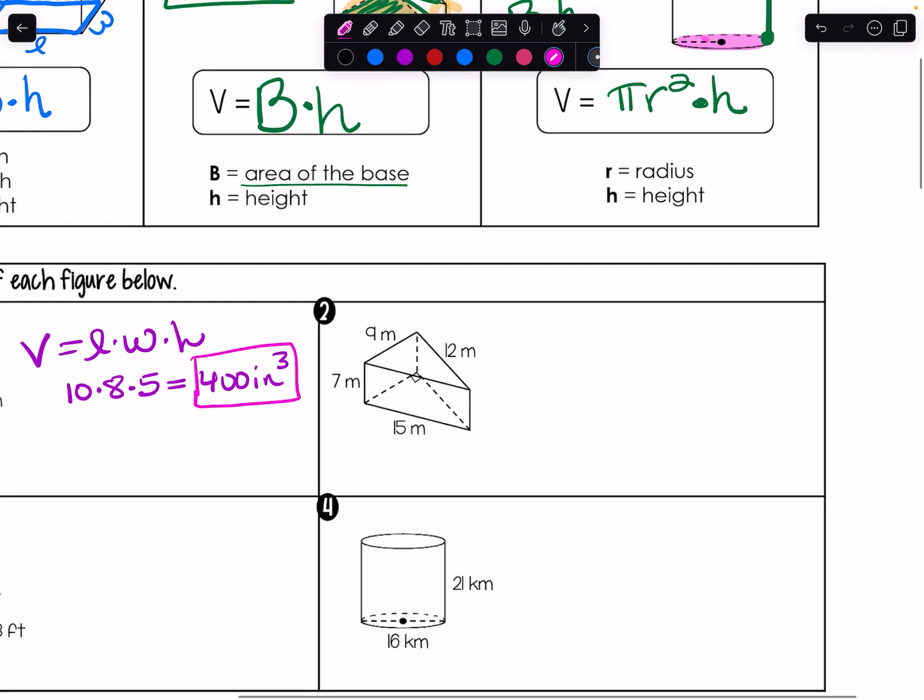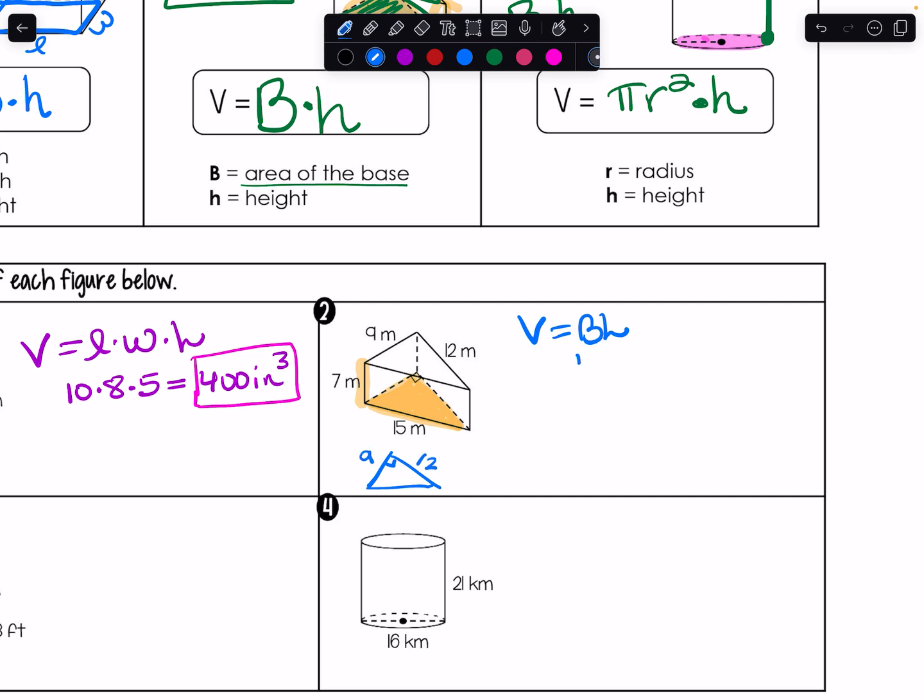Okay, this is a triangular prism. I know that because the bases are triangles that are opposite, parallel, and congruent. So I need to find the area of one of these triangles and then multiply it by the height, which is the distance between the triangles. I like to always start with my formula. For this triangle, the base and the height are the sides that make the right angle.